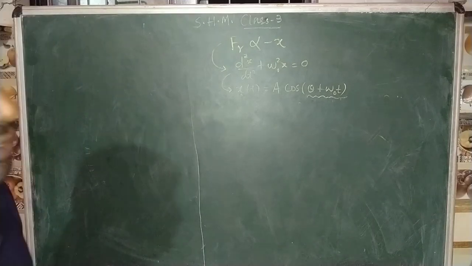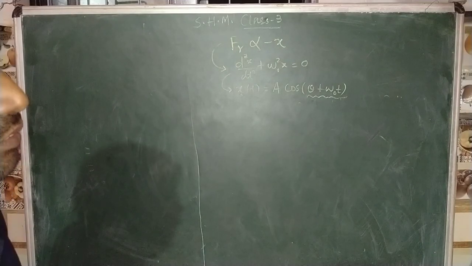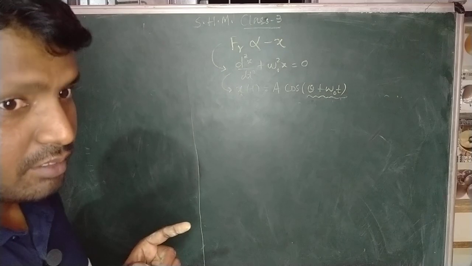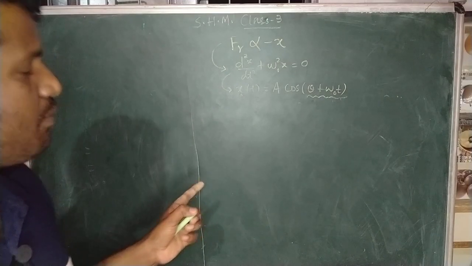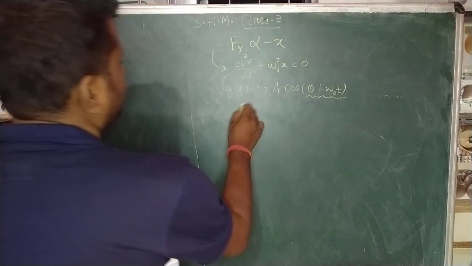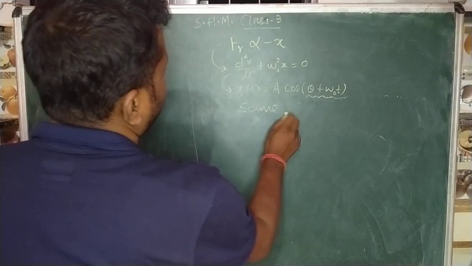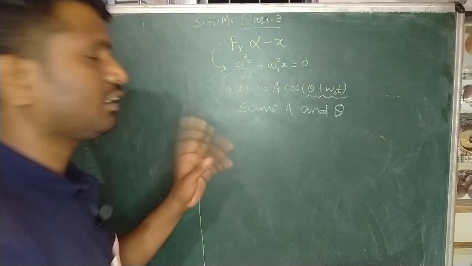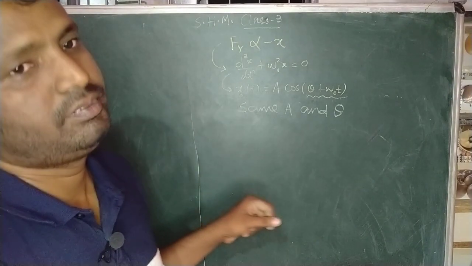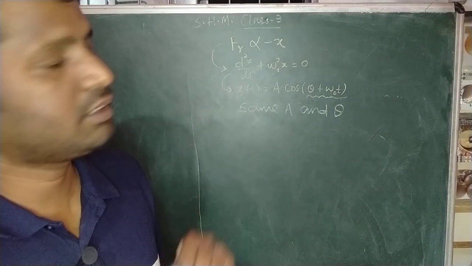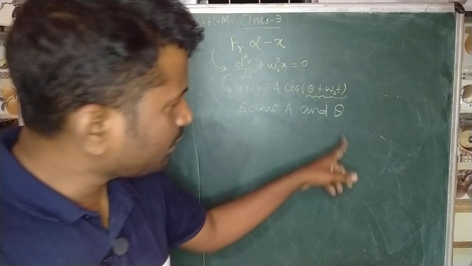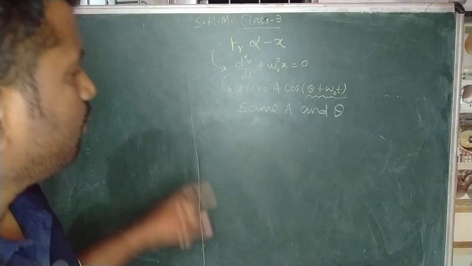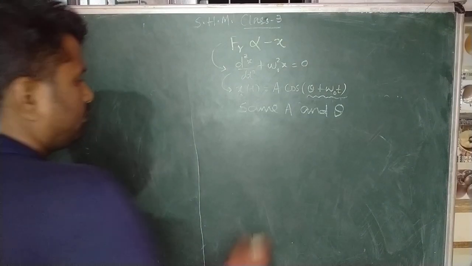They have different time periods, having the same A and theta. Amplitude and the instant they start oscillating are the same. Both the oscillators have the same amplitude. They started motion at the same instant. But look at the time period.